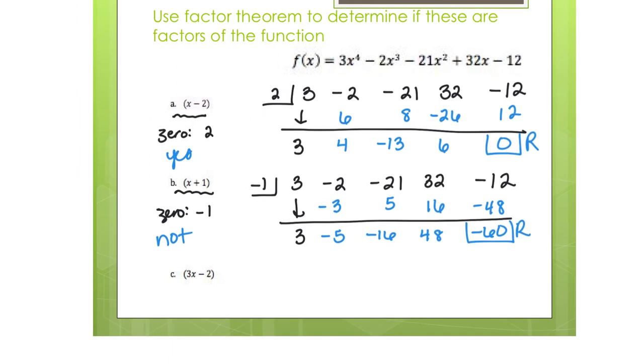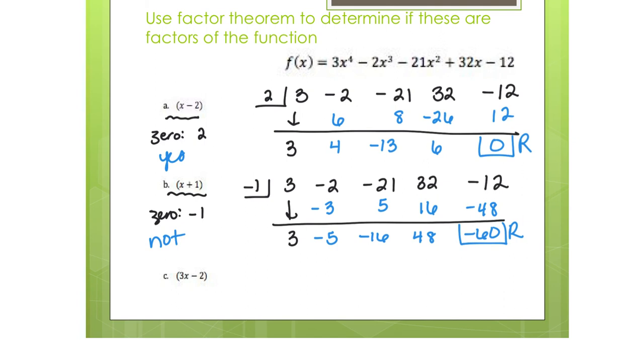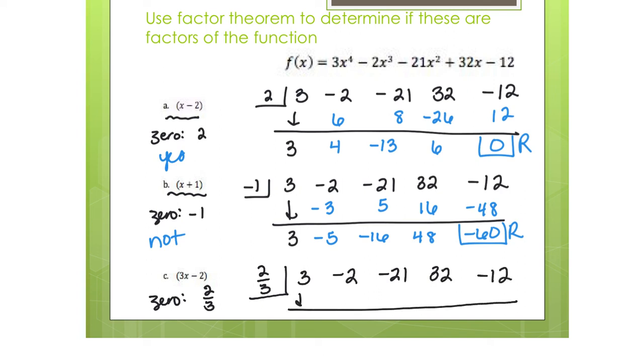Let's look at one more example. Again, we have the factor 3x minus 2, which means the 0 is 2/3. Multiply 2/3 times 3 gives us 2. Add those together.